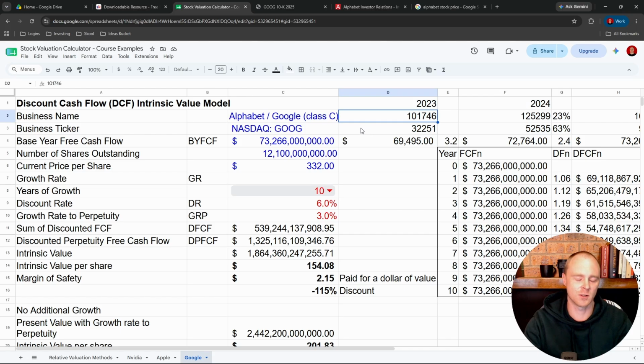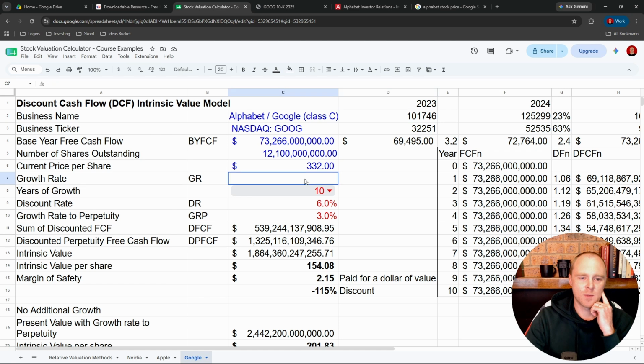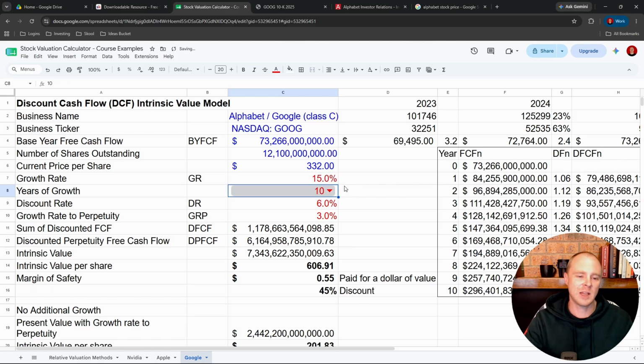It's using shareholders' money. So taking that into account, knowing that these revenues have increased by over 20%, a growth rate of about 15% over the next 10 years sounds kind of reasonable. Now, look, we don't really know what's going to happen with AI, and other business competitors may have an influence on Google, but picking that number seems fairly reasonable at this stage, at least for me.